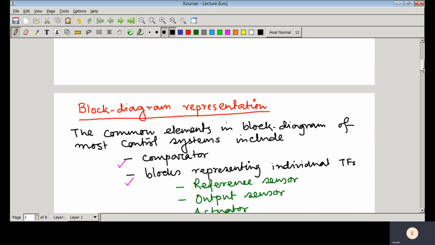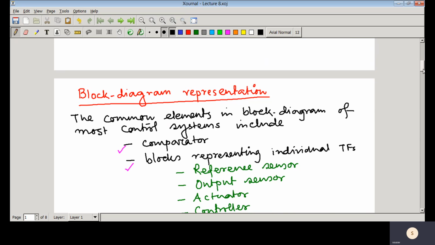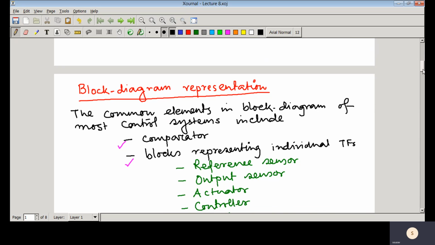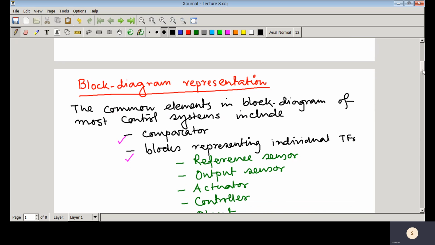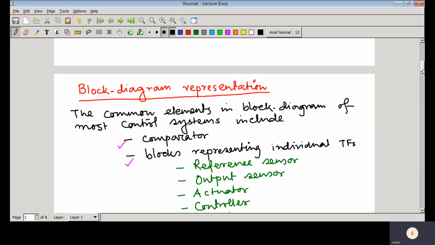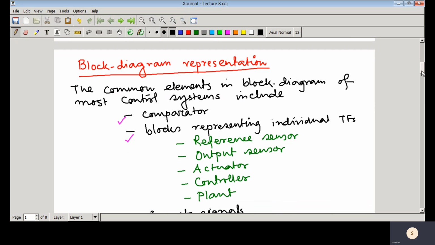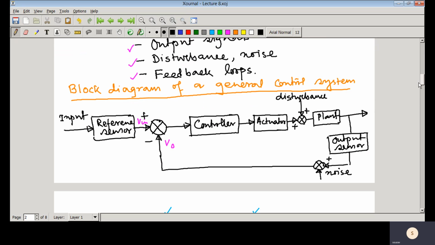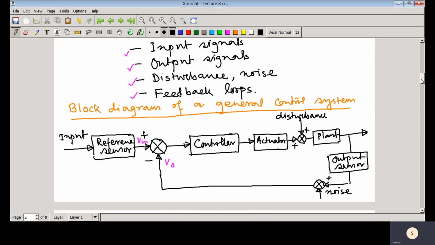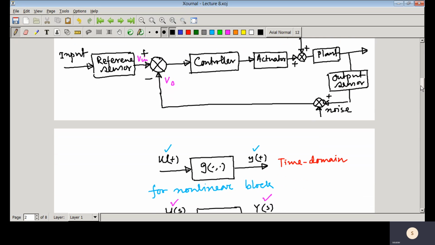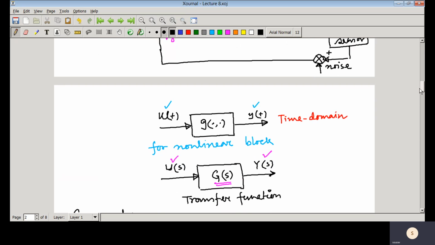Then we have learned the important blocks involved in block diagram representation, such as comparators, and we have seen the closed loop transfer function and the important blocks involved in a closed loop feedback control system.